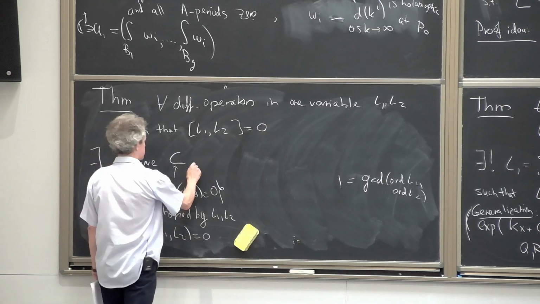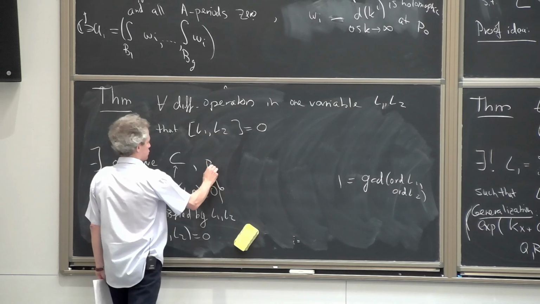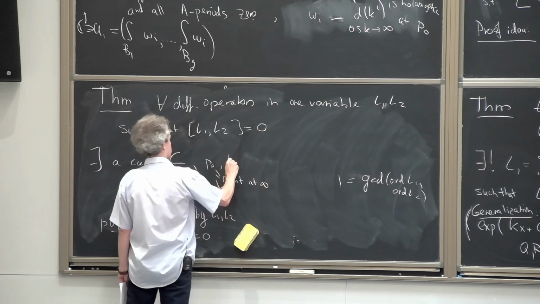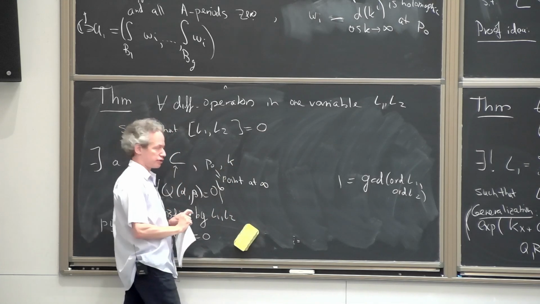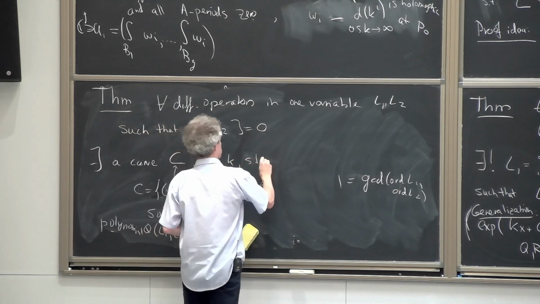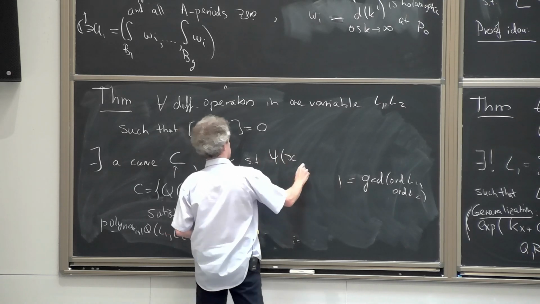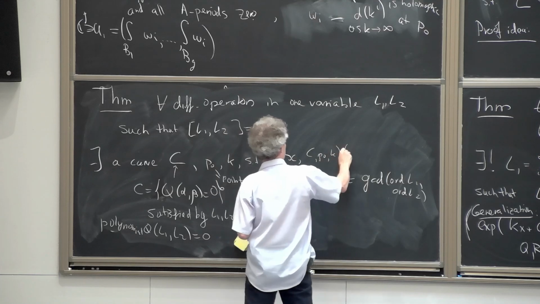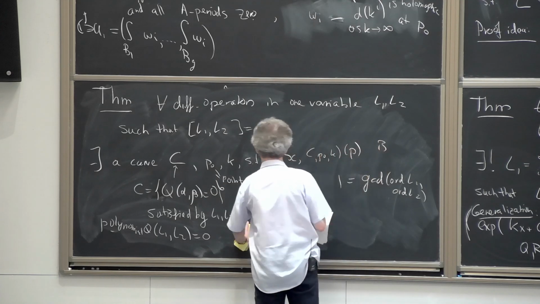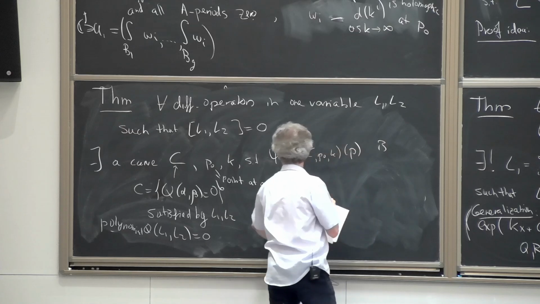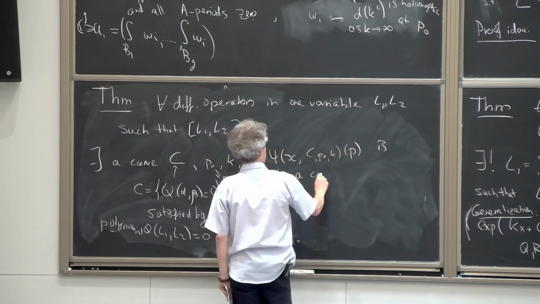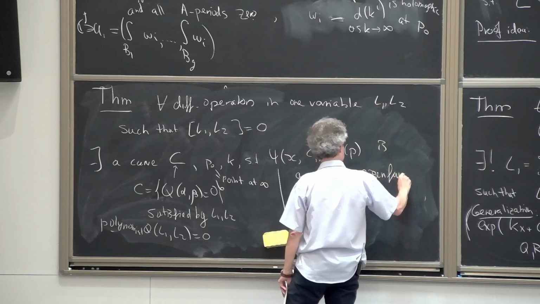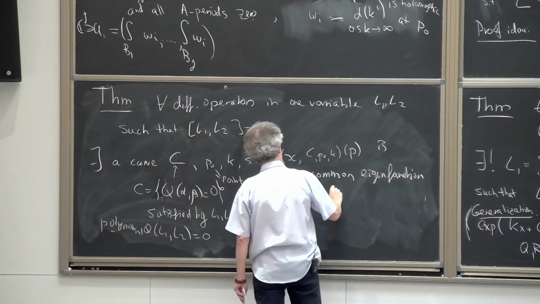There exists a curve C, a point P naught, which is just the point at infinity, and k, which is the coordinate near that point, such that the corresponding psi of x, C, P naught, k of P is a common eigenfunction of L1 and L2.